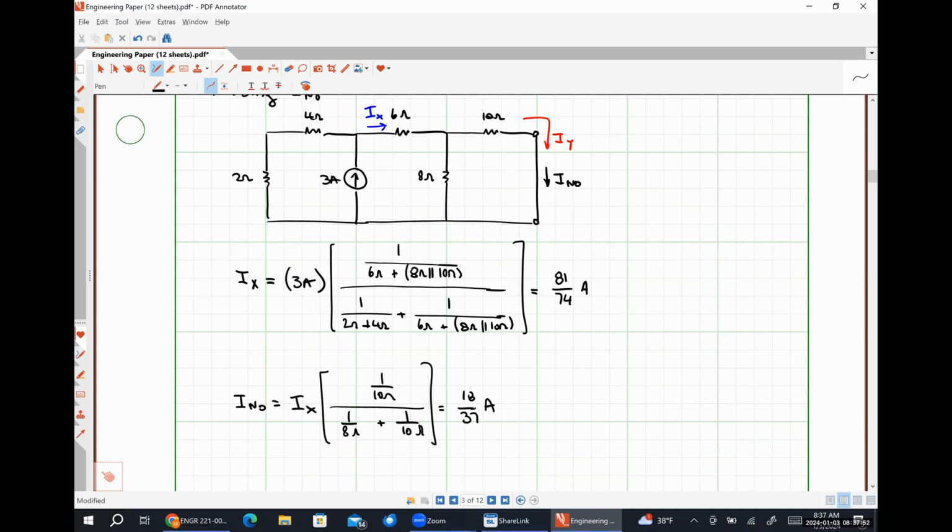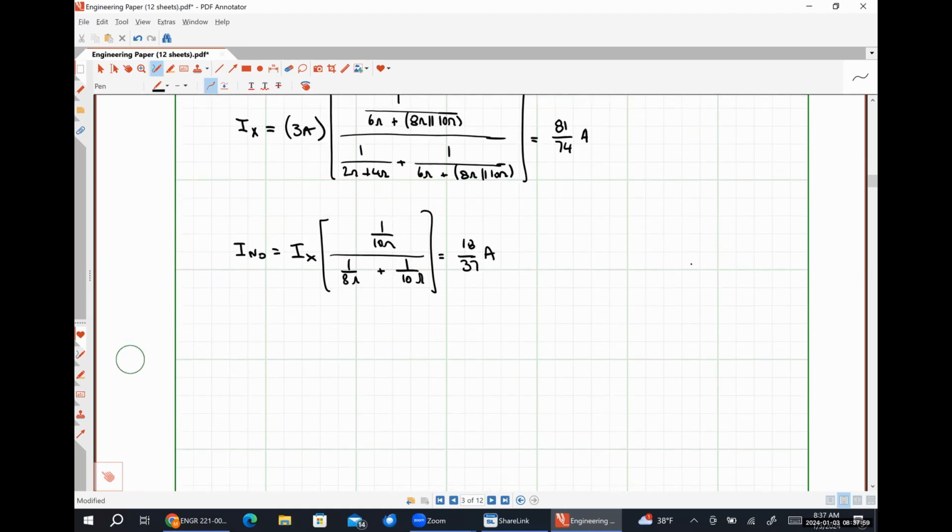You guys want to verify using mesh? Okay. So using mesh analysis, this is our circuit.